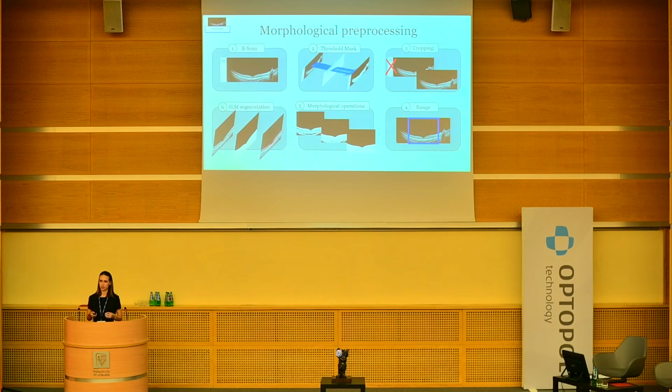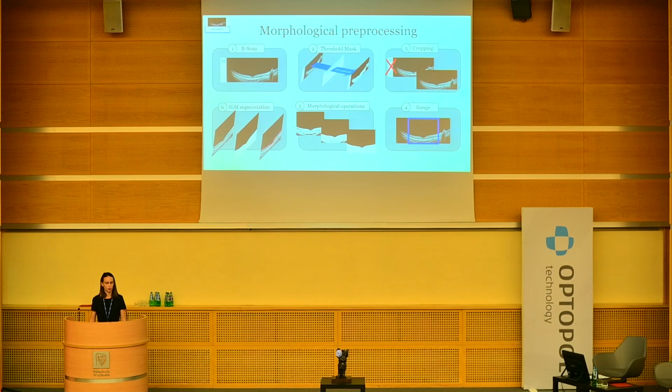Then, the threshold mask is set by the use of binarization of the 2D grayscale image. And that procedure would discard some groups of points below that set threshold value. Then, the image is cropped if necessary to get rid of unnecessary image burdens, and then the range for the analysis is set. In our case, to focus on the foveal region.